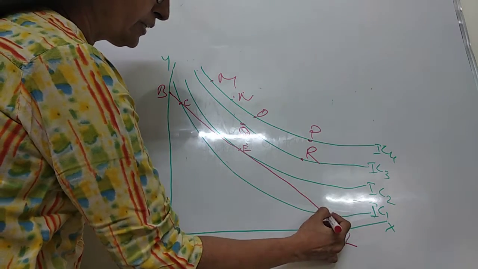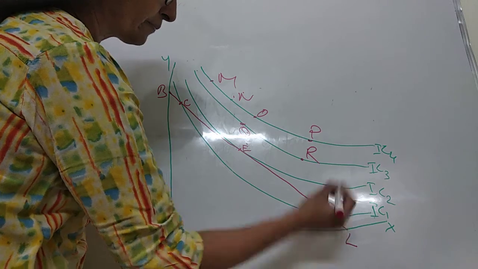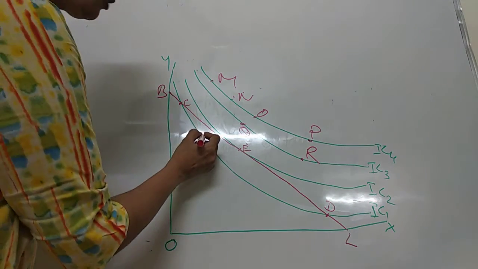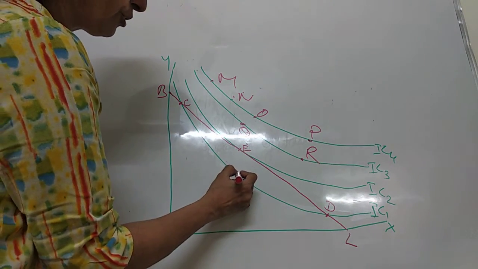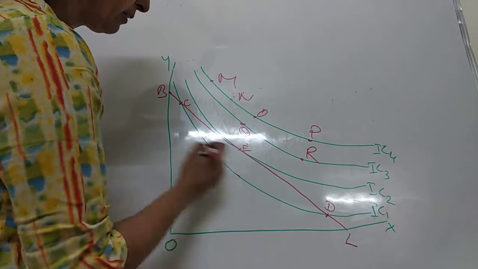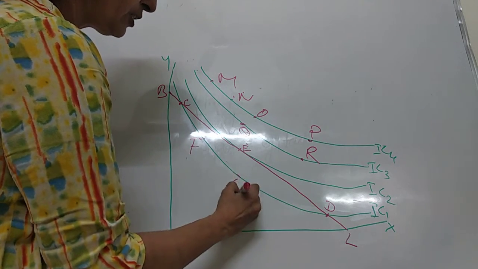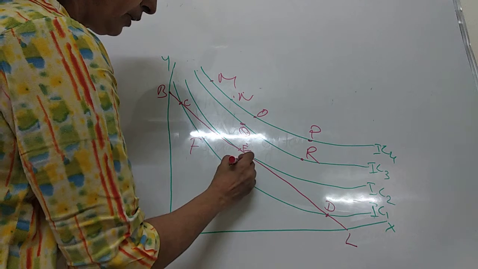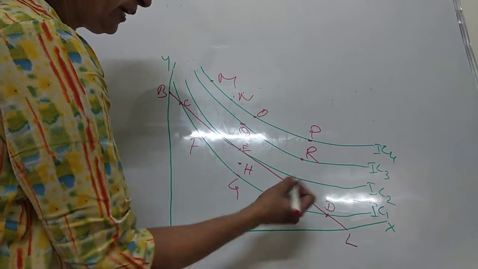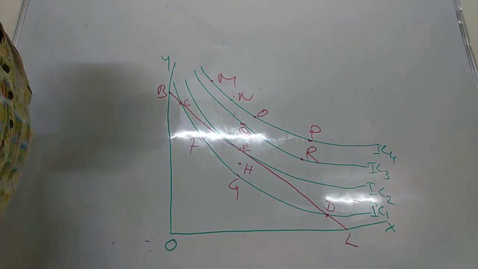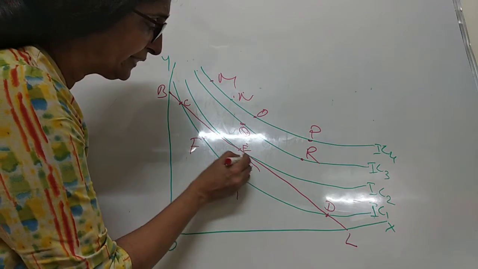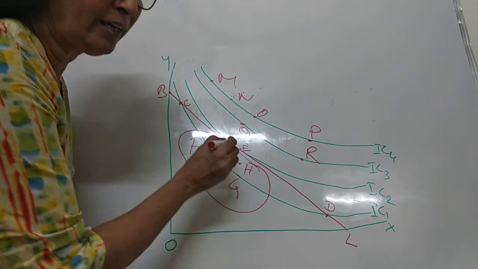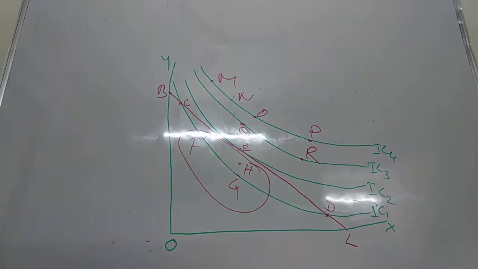And there is this combination. Let's name it as D. Right? And then there are so many other combinations which are lying here, F, G, H, anything, right? Now, here again these combinations are out of the equilibrium range.